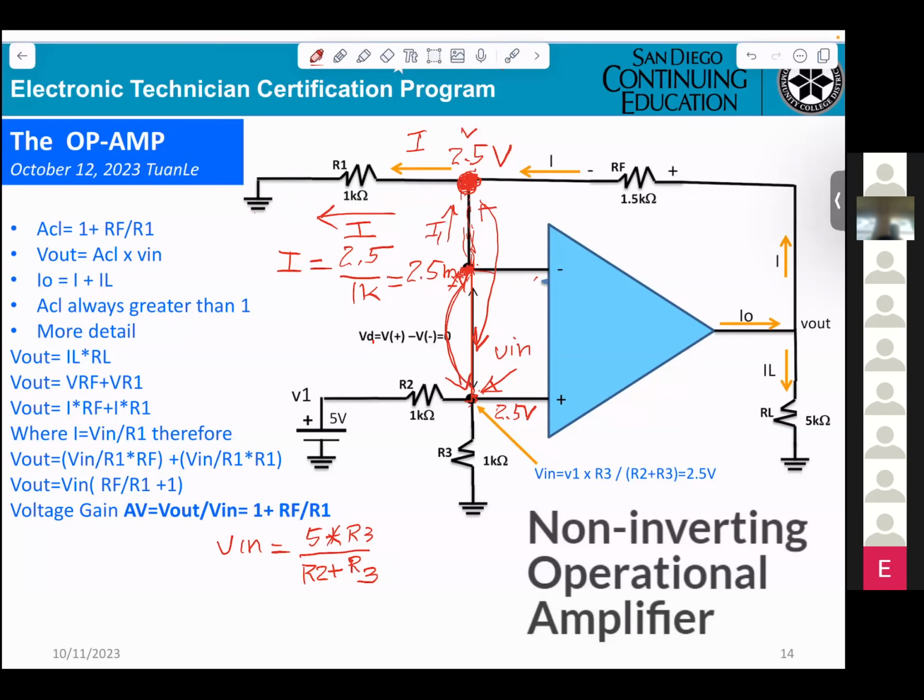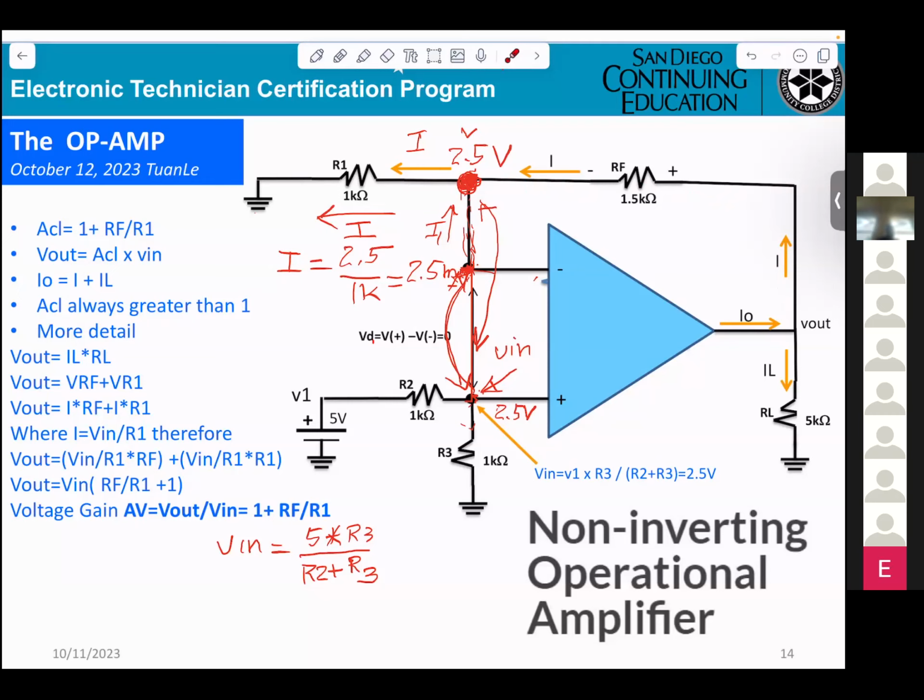Same potential. So this current I at this point must be coming from here. So the current basically will go this way, positive, negative here. And this current I will be coming here.